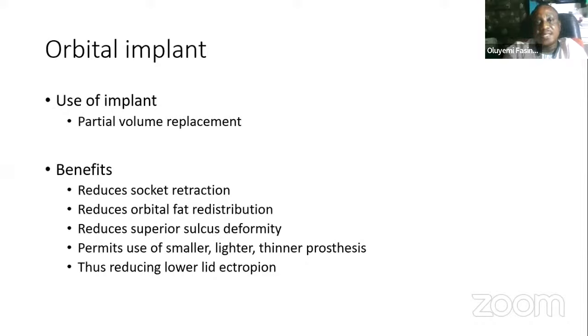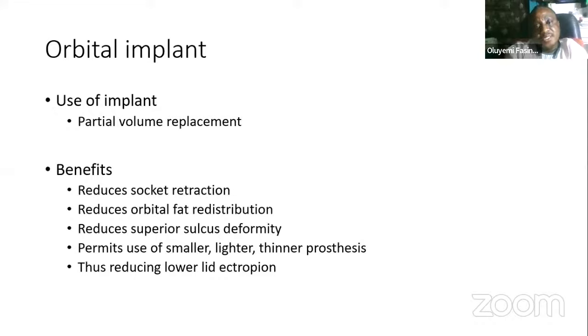If this was not done, the thickness of the prosthesis would be such that good cosmesis cannot be achieved. Of course, the benefits of the use of implants include that it reduces socket contraction. If you don't replace the volume that had been lost, the soft tissue within the socket will certainly contract, and as such there is going to be a reduction in the volume of the socket following the contraction that occurs with wound healing.